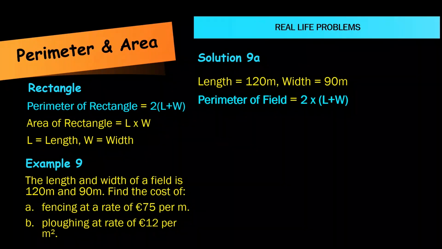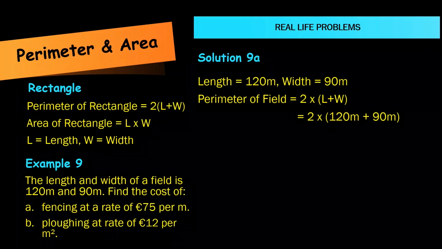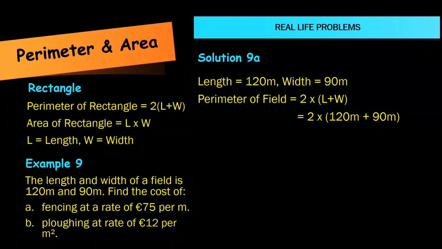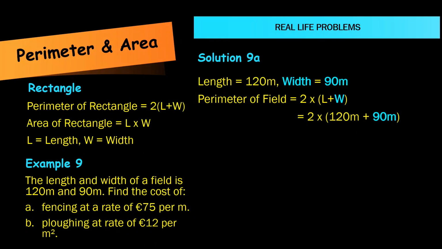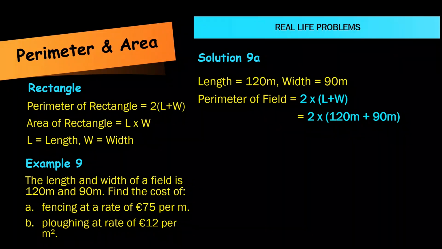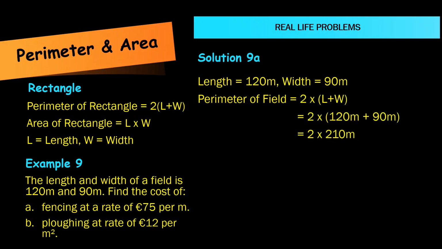So plugging in the values, length equal to 120 meters and width equal to 90 meters, as shown, we have that the perimeter equals 2 times 120 meters plus 90 meters, which is equal to 420 meters.